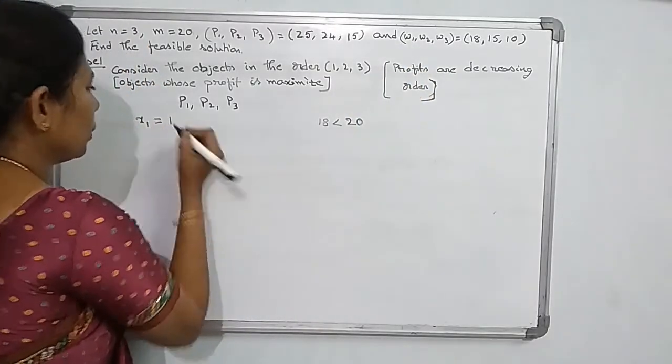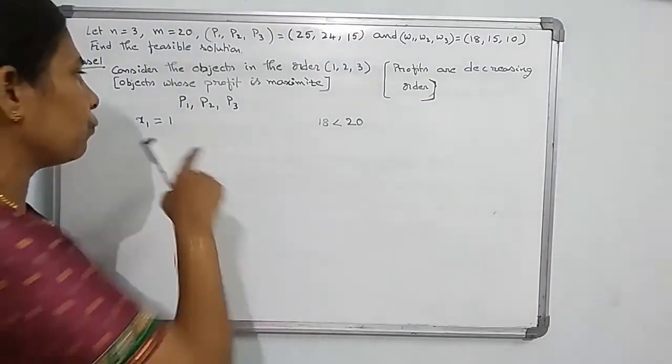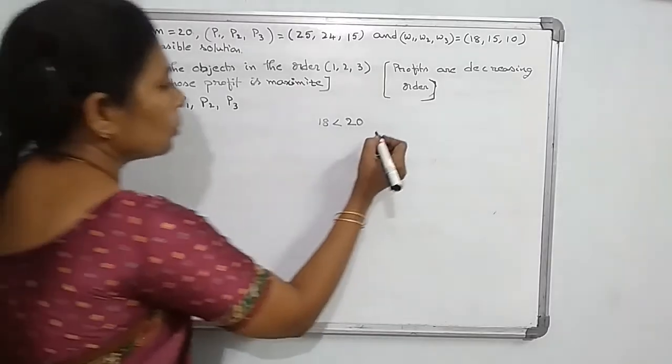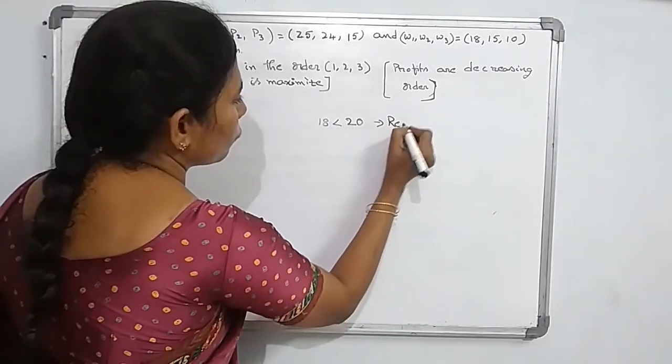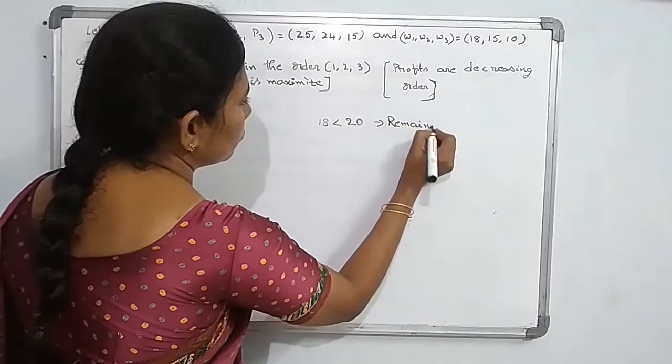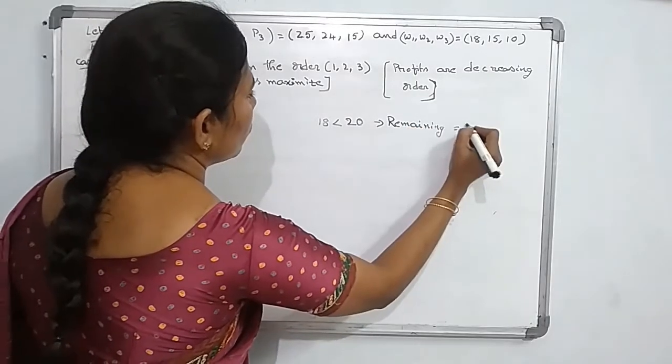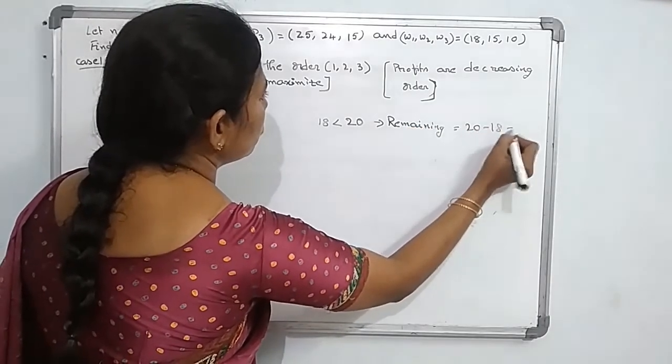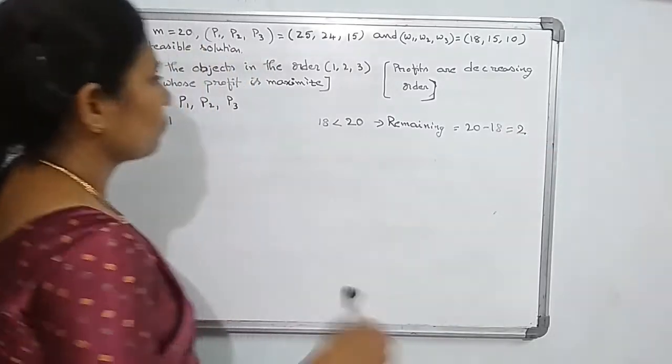So x1 equal to 1. If it fits fully, you take 1. The total remaining capacity is 20 minus 18, which is 2 only.